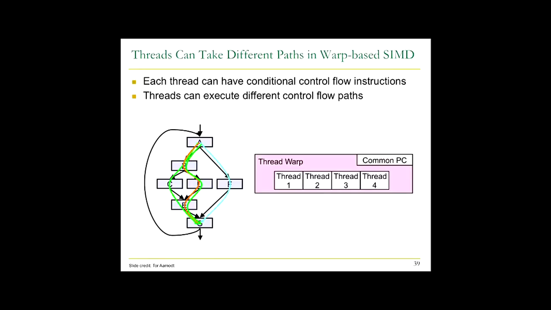Because these threads start out at the same program counter, but 3 of them want to go here, and 1 of them wants to go here. So how do you do that execution now? They're clearly not operating on the same instruction anymore.